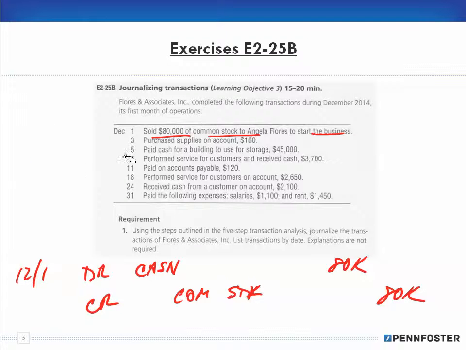Pay attention to the formatting. Get used to doing the formatting. Get used to making the entries like that all the time, regardless of the lines on the paper. I don't want to see final exam journal entries that are written out in paragraph format. You lose points. If you write this is a debit to this account for that amount, that's not how journal entries are created.